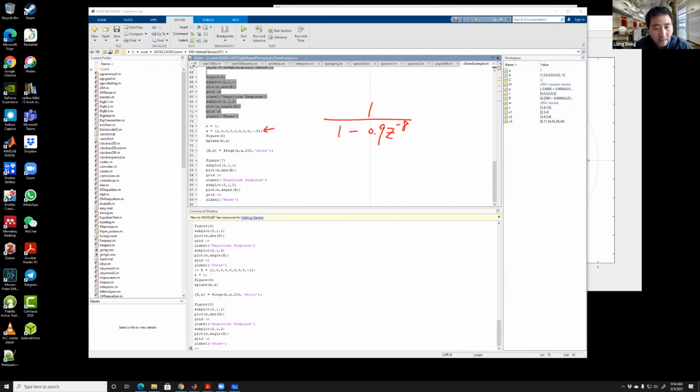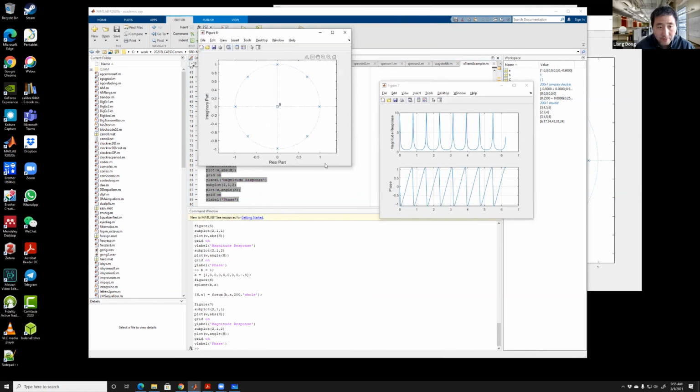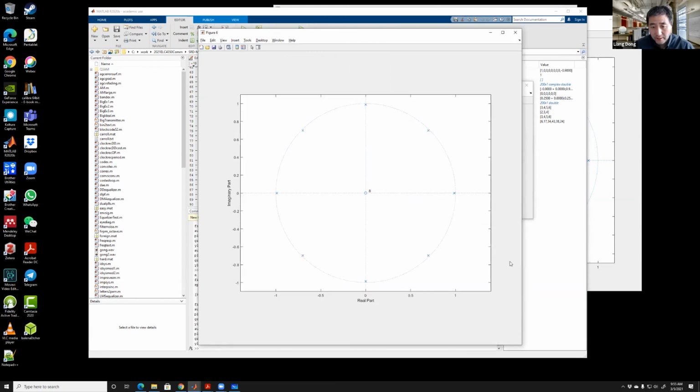Then doing the same thing, I plot out the z-plane. I plot out the frequency, magnitude, and the phase. So here is the picture for zeros and poles. I do have 8 poles close to the unit circle. Remember, I put a coefficient 0.9, it's not 1. So it's not exactly on the unit circle, but it's close to the unit circle.